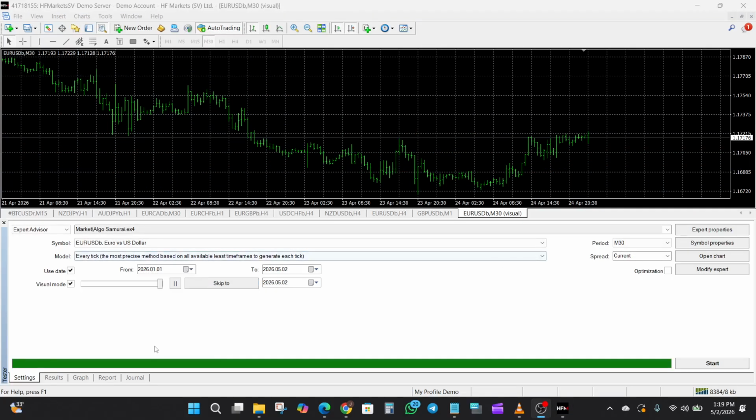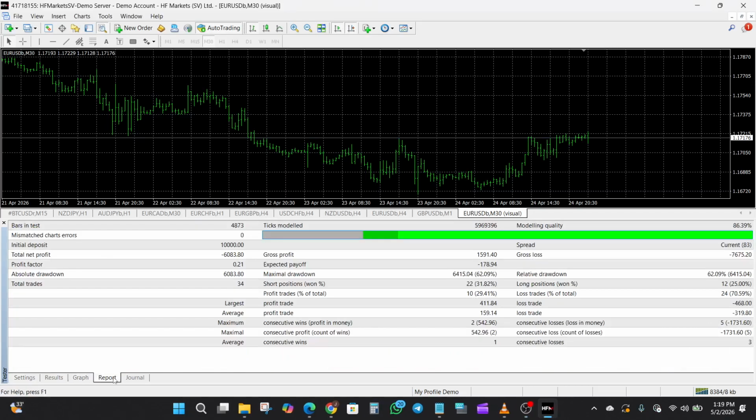So the results are out, and we can see that there was a significant decline in the balance. From an initial deposit of $10,000, we can see that the total net profit was negative $6,083, and of the 34 trades taken, 22 were short trades with a 31.82% win rate, 12 were long trades with a 25% win rate.